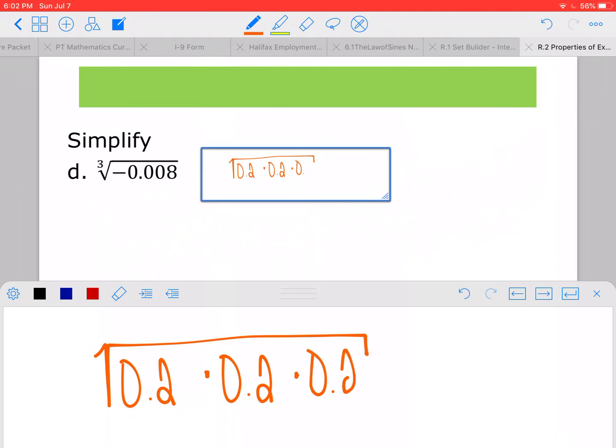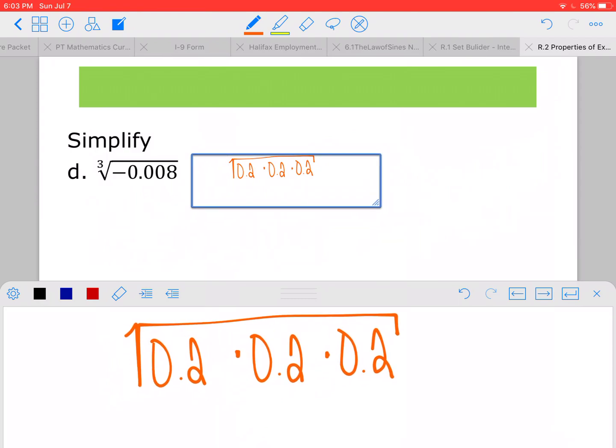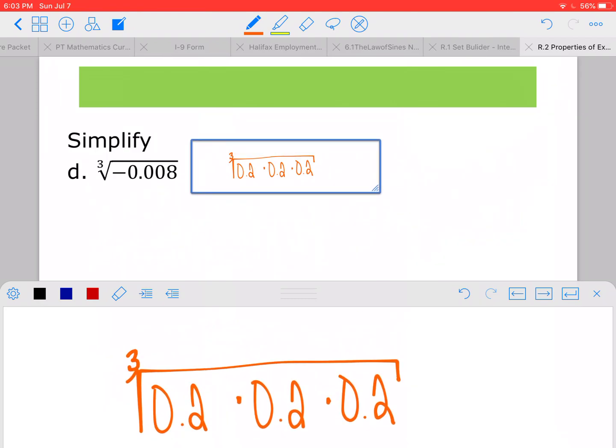That gives us 0.008. Now what do we do with the negative? Well, if it's a cubed root, then we can actually just bring the negative to the outside.